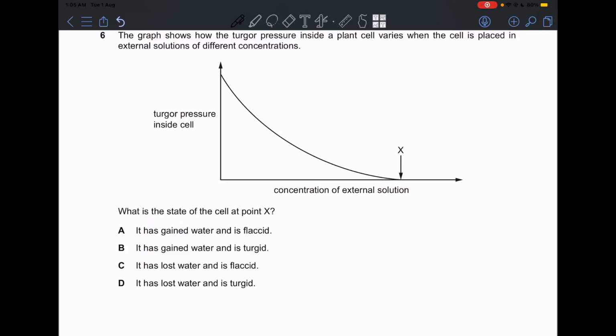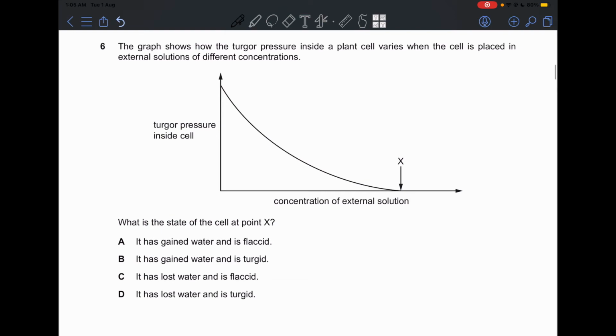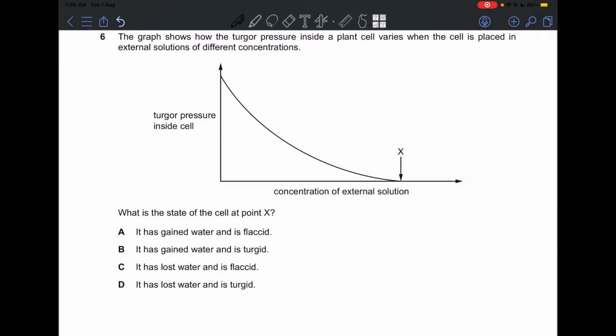When the turgor pressure inside the cell decreases, this means that the water is getting out of the cell. So when the turgor pressure is high, that means that there is some water inside the cell. So when it's low, this means that the water has moved out of the cell. So our answer is going to be C. It has lost water and it is flaccid.